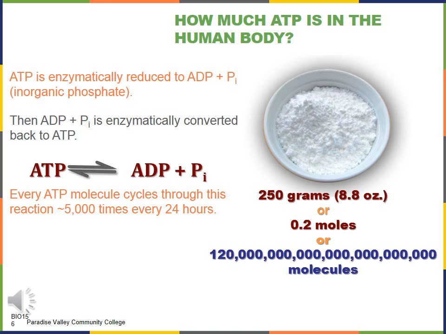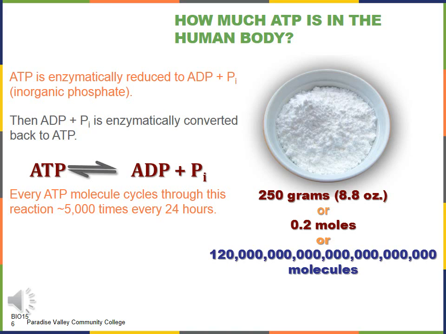And the very first sentence there, ATP is enzymatically reduced to ADP plus Pi. What happens sometimes, and it's illustrated here, is that ATP will be used, and in order to be used, one of the phosphate groups needs to be removed. And so you end up removing the one P, which in this case is called Pi, which means inorganic phosphate.